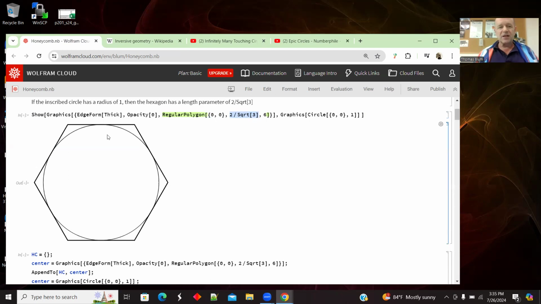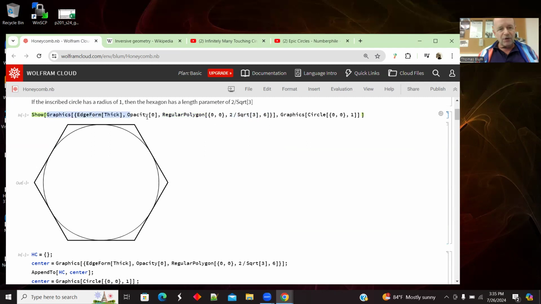So it's not the closest point, which would be 1, but the distance to the farthest point is how they've defined it. In that case, this is 2 over the square root of 3. You could just make yourself a little triangle to find that this is the right distance.